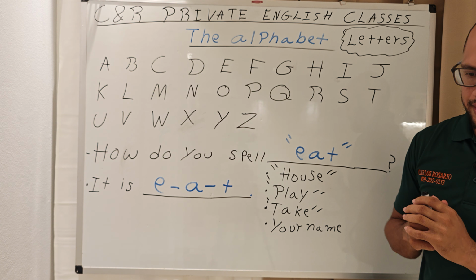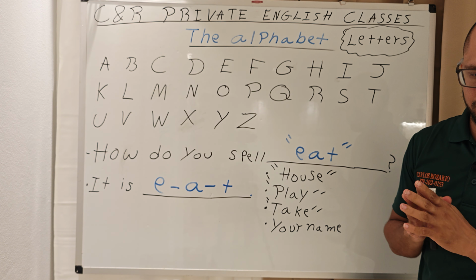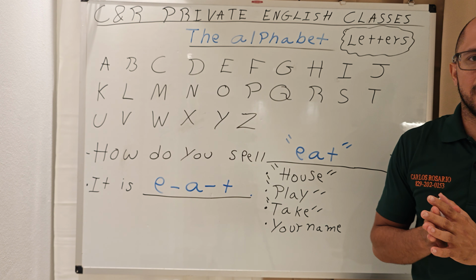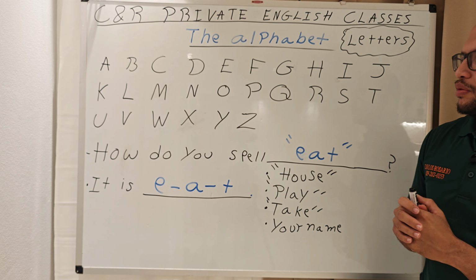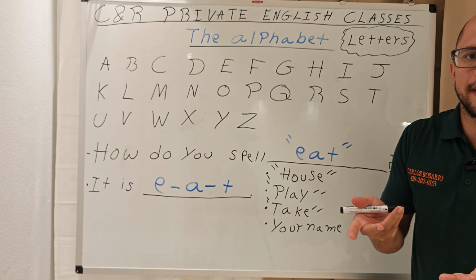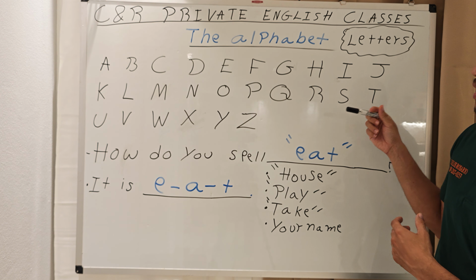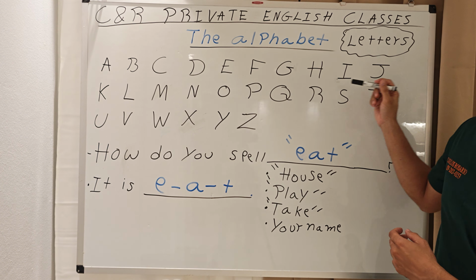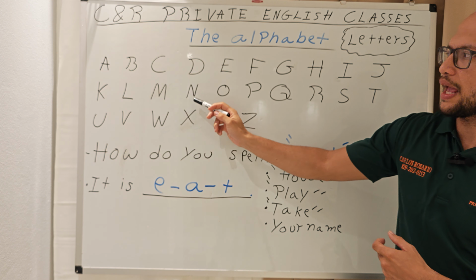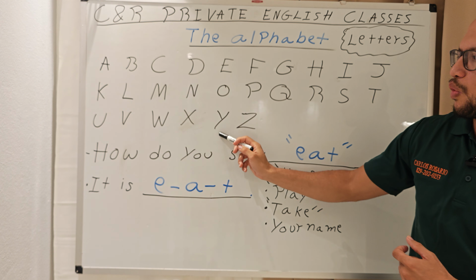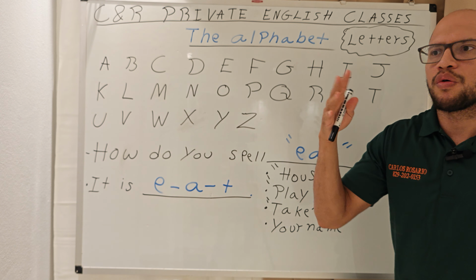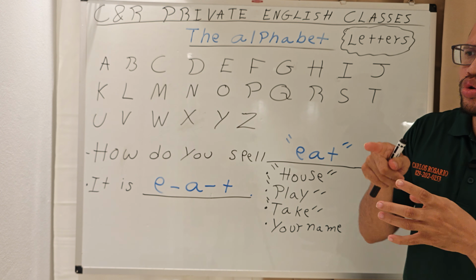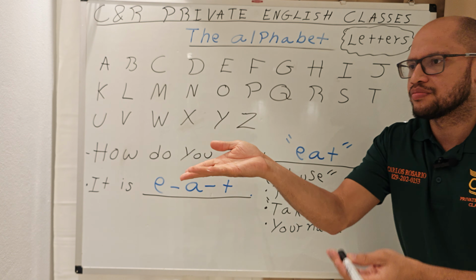Maybe your name is Jenny. Jenny with J and N. So how do you spell Jenny? Let's say J-E-N-N-Y. Jenny.